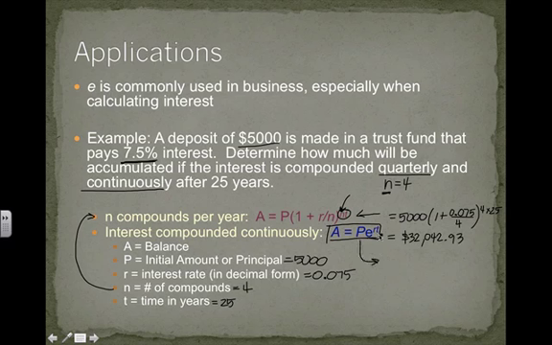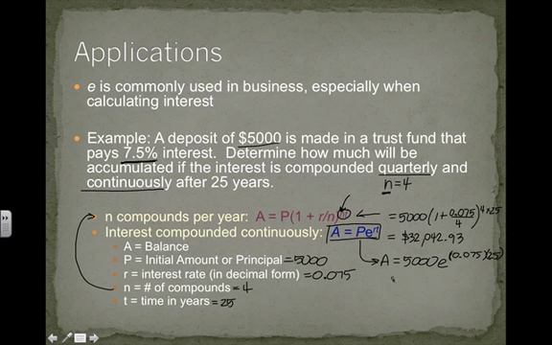So we just plug in our variables again. We get A equals 5,000, because that's our initial amount, P, times e, that's our constant. Remember, this is just like pi. Raised to the r, our rate, 0.075 times 25. Okay, so again, plug that into your calculator. See what you get. Pause the video.